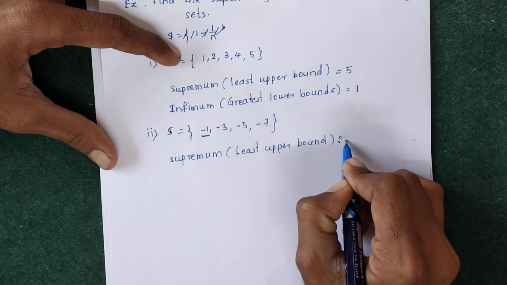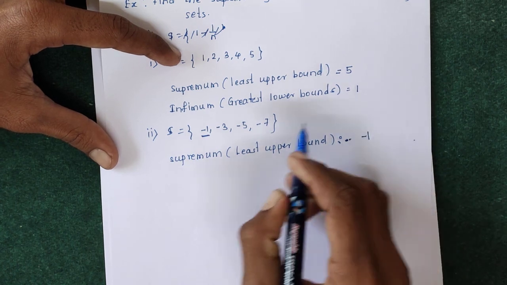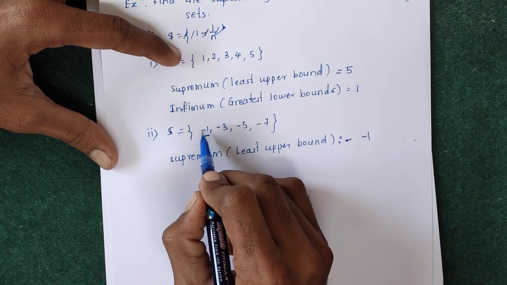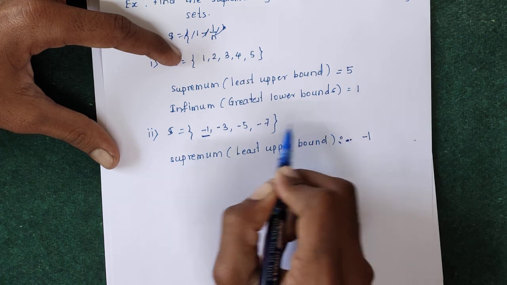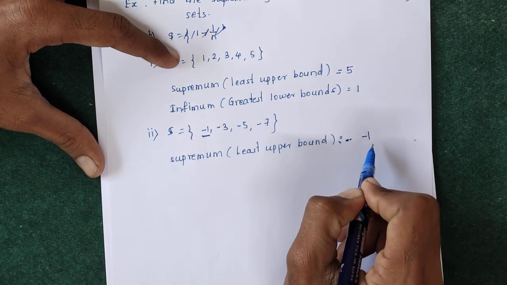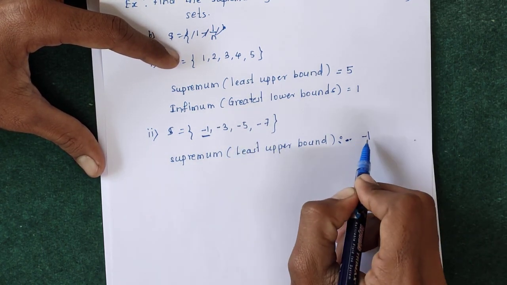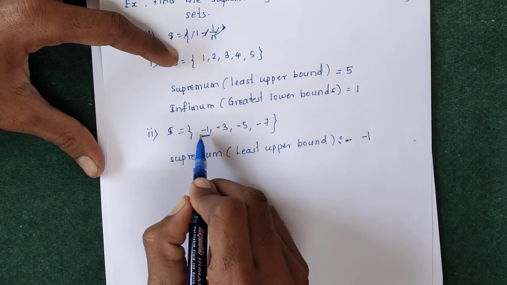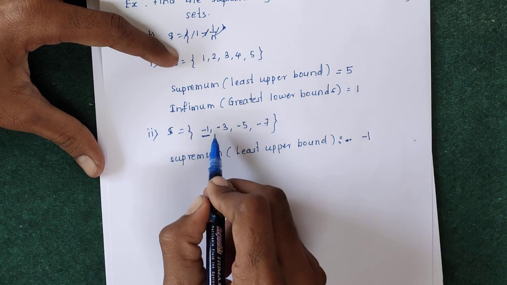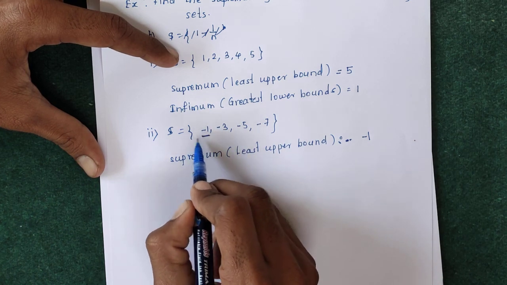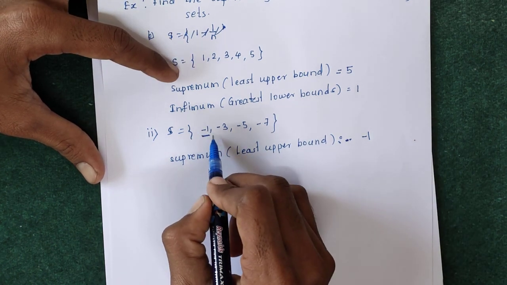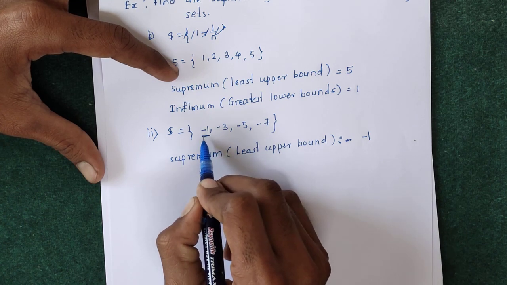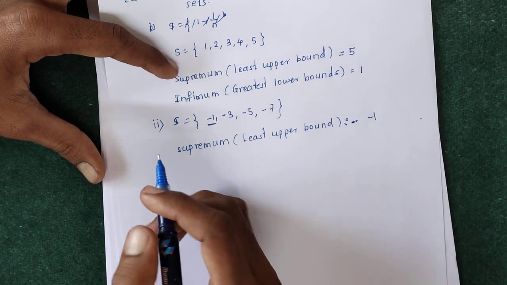Minus 1 is equal to minus 1, minus 3 is less than minus 1, minus 5 is less than minus 1, minus 7 is also less than minus 1. So, this minus 1 is an upper bound, and it is the smallest among all the upper bounds. So minus 1 will become our supremum.